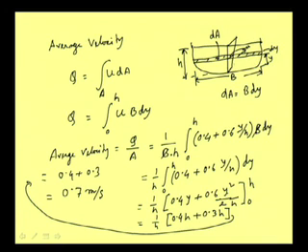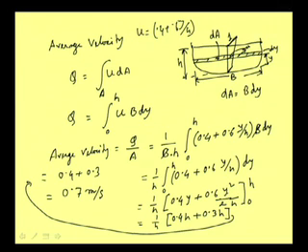But here, as the velocity is varying linearly, we can straightaway find this value. Here the velocity is 1, because when y is equal to h, this value becomes 1 from the equation u is equal to 0.4 plus 0.6 y by h.